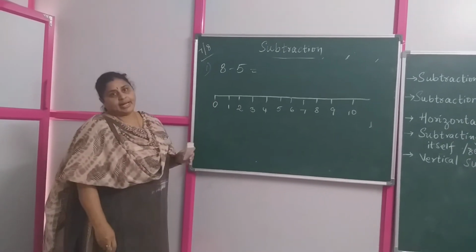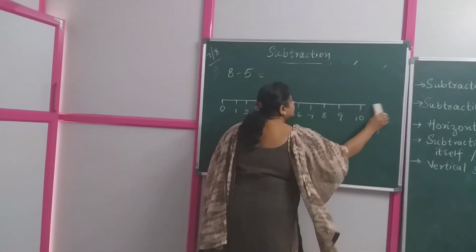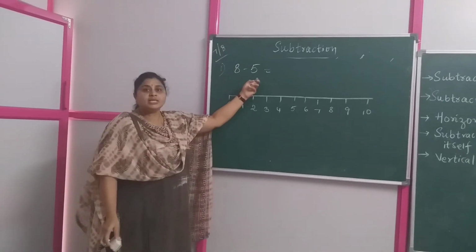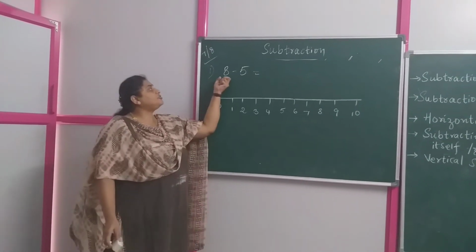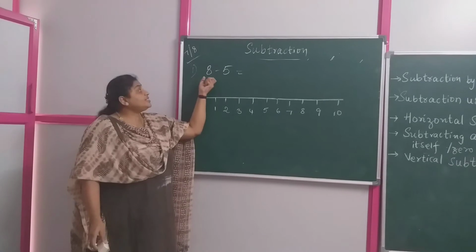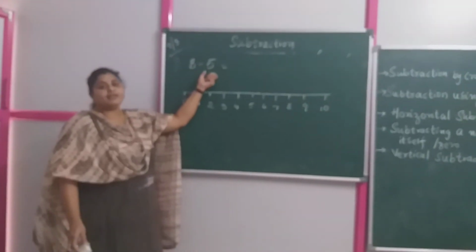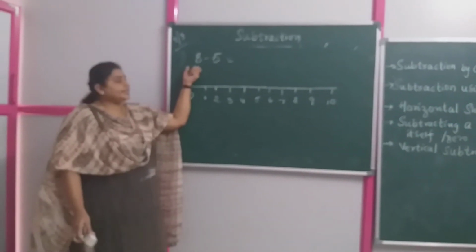Now this is the number line. What is the problem we have? 8 minus 5. Always start from the greater number. Which is the greater number, 8 or 5? Yes, 8 is the greater number.